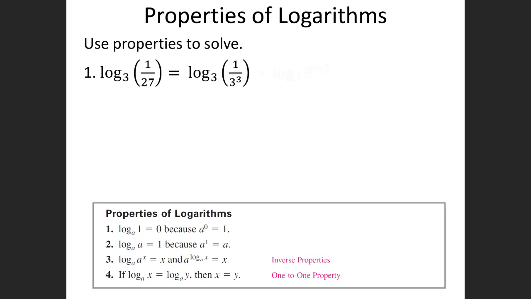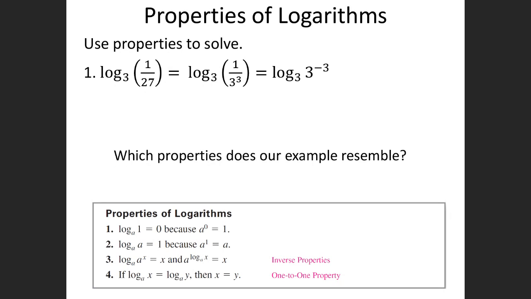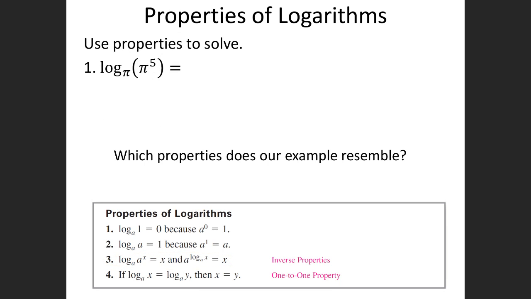Since I'm kind of running out of time and we want to get through all of this, I wanted just to show you where I got my properties from, okay? You can use your inverse properties again to solve. So let's go ahead and solve this one.